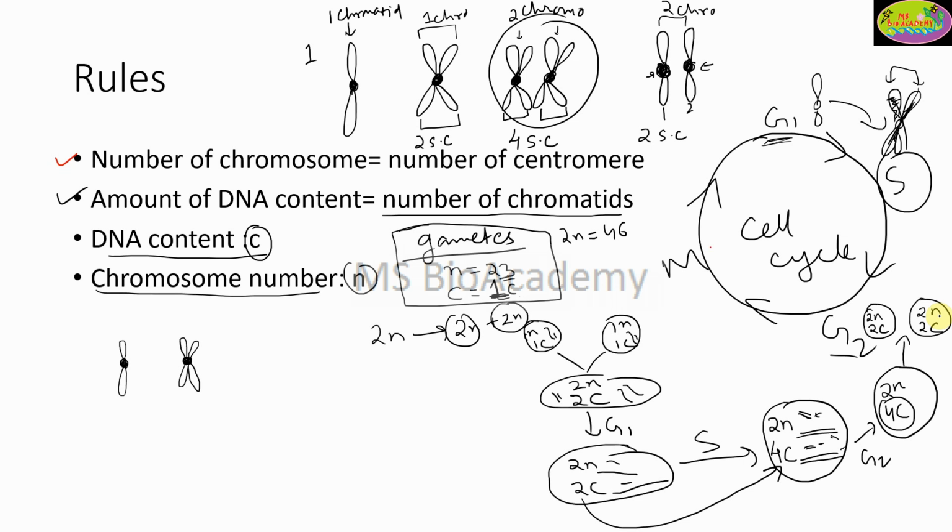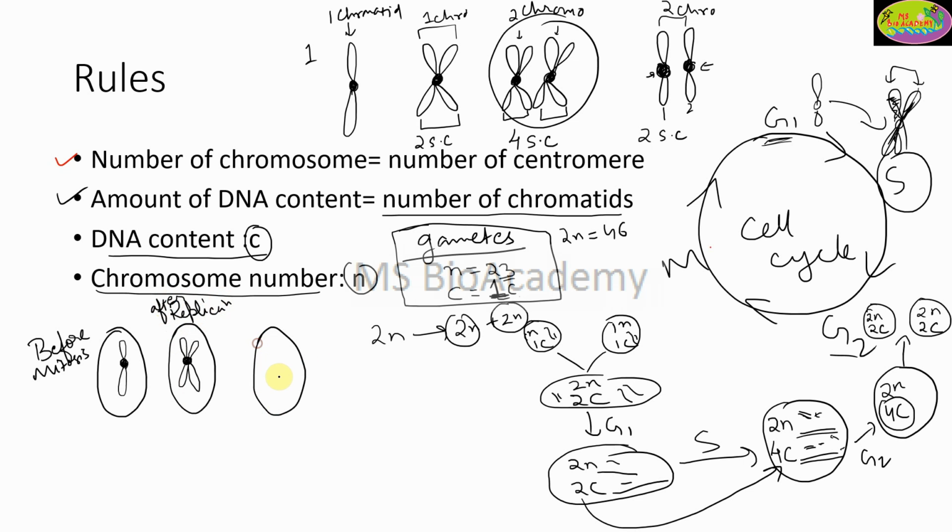Now let's discuss in more detail the chromatids and the chromosome number. Before replication, or before mitosis, this is the condition. Now this is the condition when the replication has occurred, after replication.